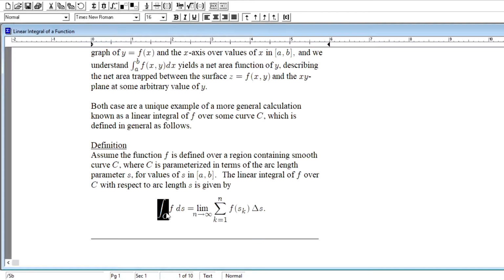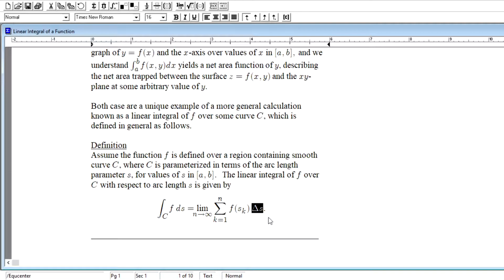The linear integral operator here, when applied to a function and integrated with respect to s, arc length, is nothing more than just a limit of a Riemann summation for function f expressed in terms of the parameter s at some kth value in the n subintervals over which we're subdividing our curve c, times delta s, where delta s is the width of these n subintervals of curve c, defined in terms of the arc length parameter s.